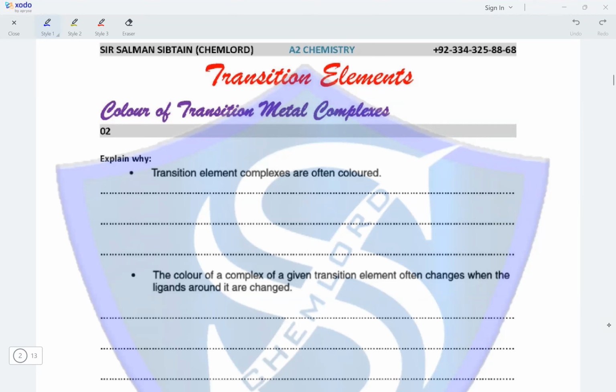Question 2. Explain why transition element complexes are often colored.